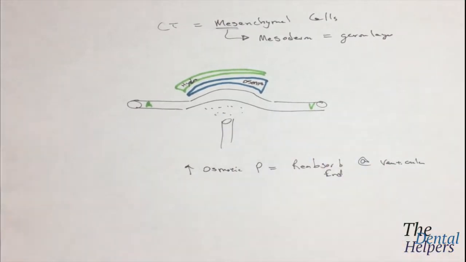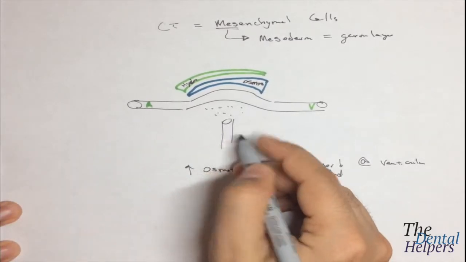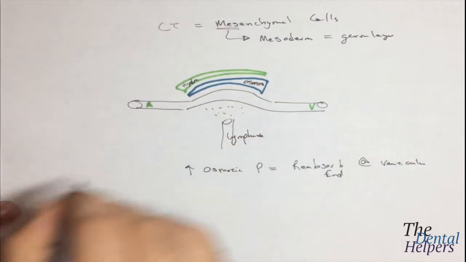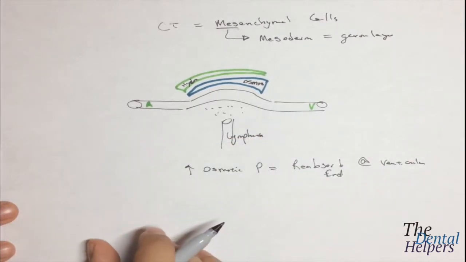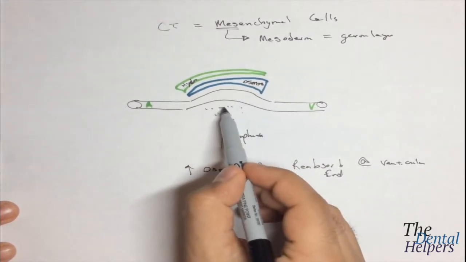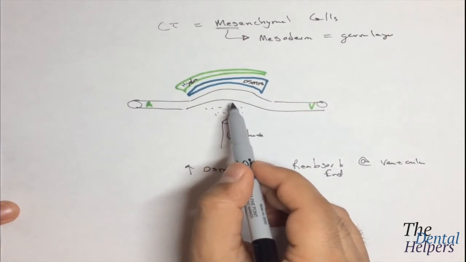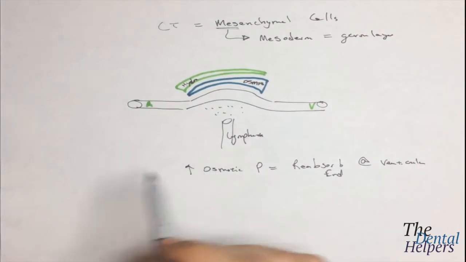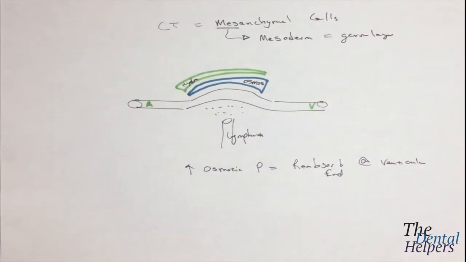And the lymphatic capillary that we see right here is going to ensure that the excess fluid is picked up, otherwise an edema can form. So we know that we have the lymphatic system that's going to pull this excess fluid, and this fluid, as we know it as lymph, circulates throughout the body and then returns back into the circulatory system.